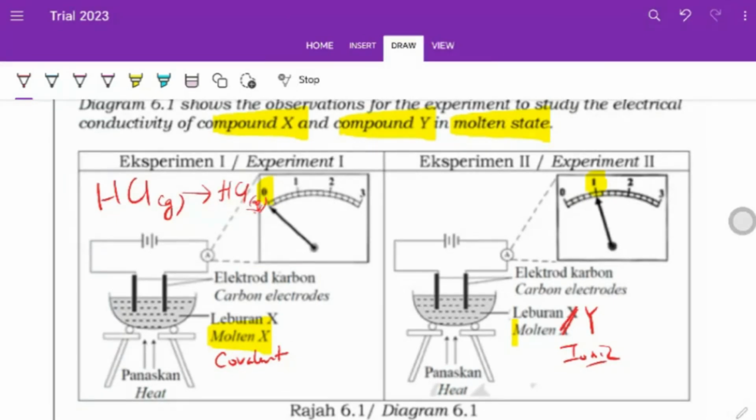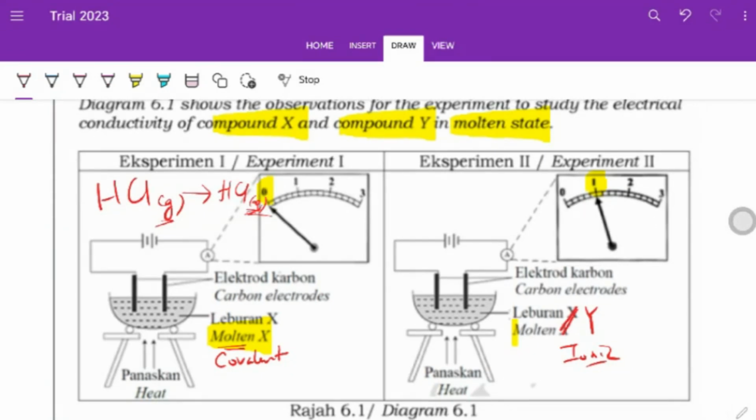So it is not possible in the molten state. You get what I mean, Arina? It is either gas or aqueous solution. Oh, okay.